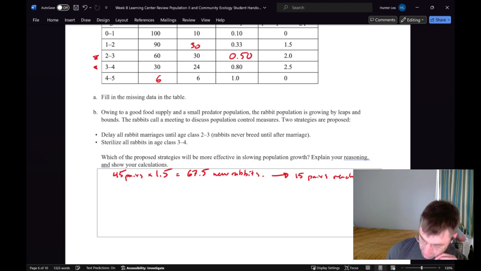They'll produce an average of 2.5 offspring. That gives us a total of 37.5. Therefore, the population size will be more limited by delaying rabbit marriages until age class 2 to 3.